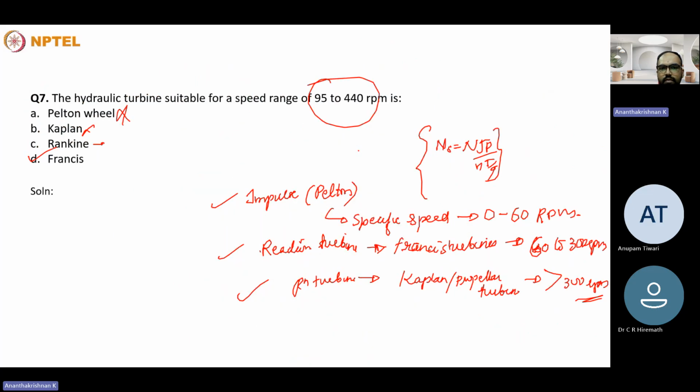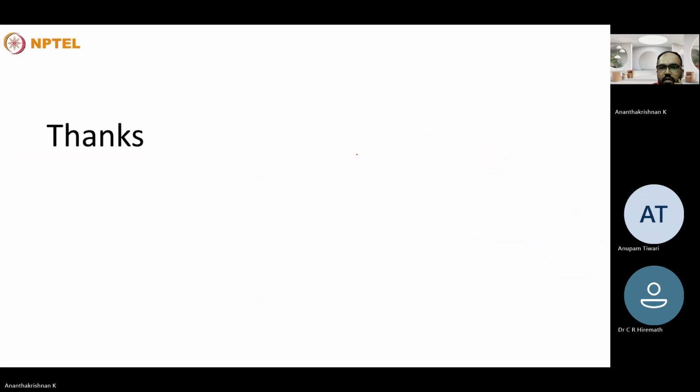And finally, a problem to distinguish these turbines or wheels based on the specific speed.